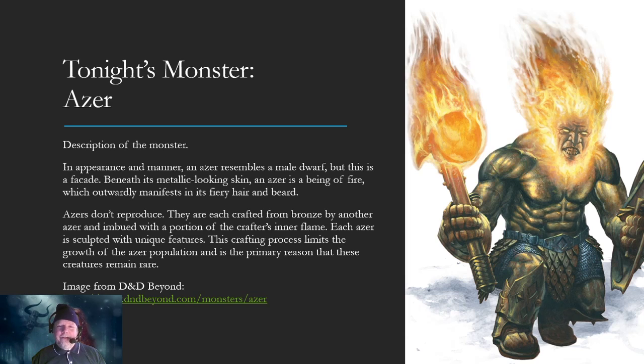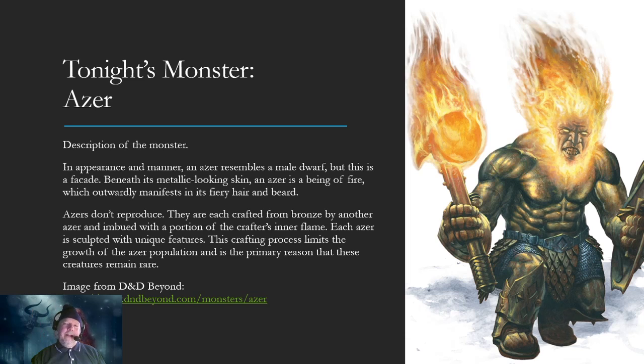Beneath its metallic-looking skin, an Azer is a being of fire, which outwardly manifests its fire in its fiery hair and beard. Azers don't reproduce. They are each crafted from bronze by another Azer and imbued with a portion of the crafter's inner flame. Each Azer is sculpted with unique features, and this crafting process limits the growth of the Azer population and is the primary reason that these creatures remain rare.